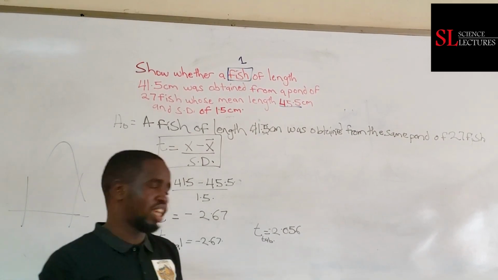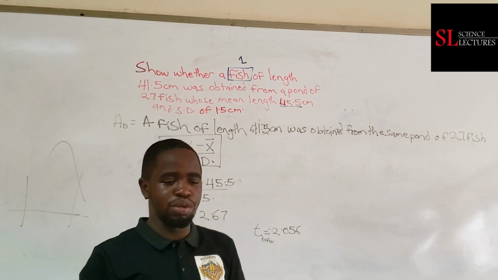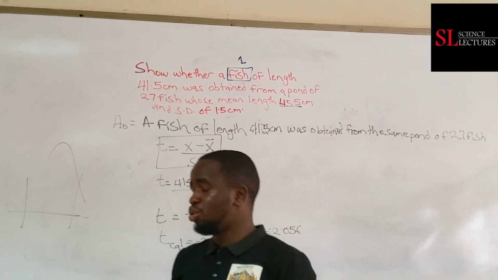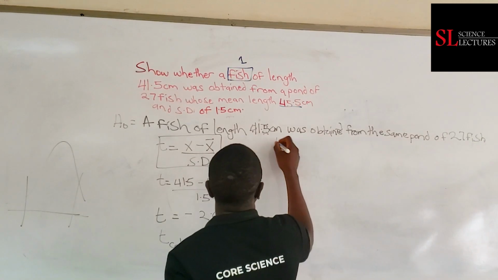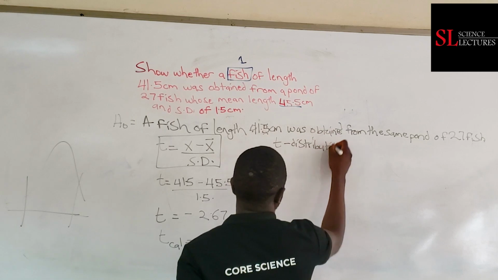But how did I get here? When you look at those tables in the books that I have recommended, or the ones that you'll access in the description box below, you look for appendix number 2, and we are specifically using the t distribution table.